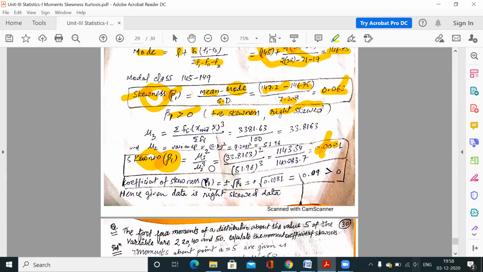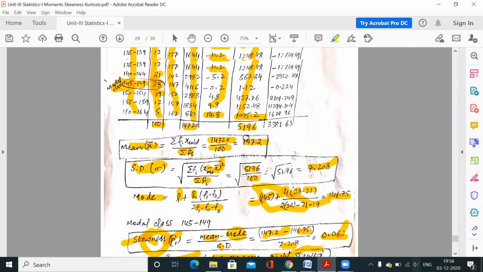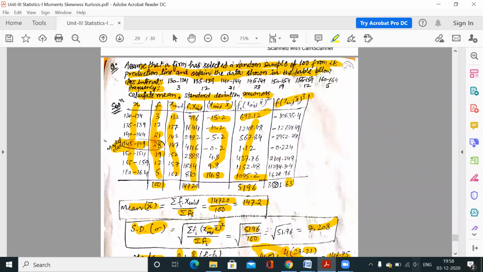Using this formula, in terms of central moments, mu3 square by mu2 cube. mu3 is summation fi (x mid minus x bar) cube divided by summation fi. We have calculated this also here. The sum is f into the cube of this difference: 3 into the cube of this, 5 into the cube of this, and 28 into the cube of this.